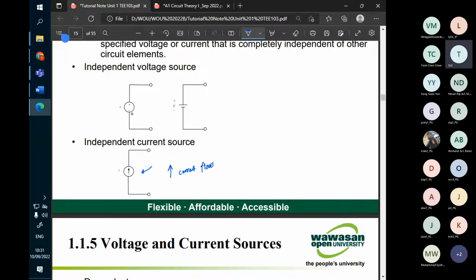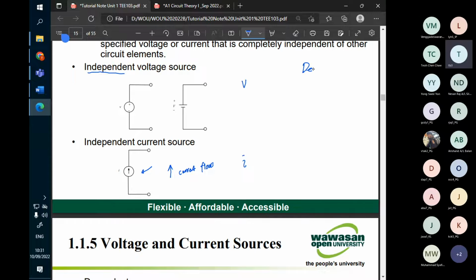The voltage has positive and negative terminals between 2 points, right? So when we call them independent, they are given as most likely V or I. As opposed to that, we call the other one dependent.